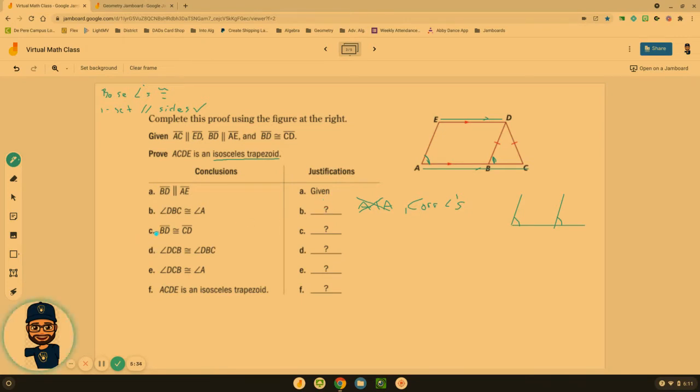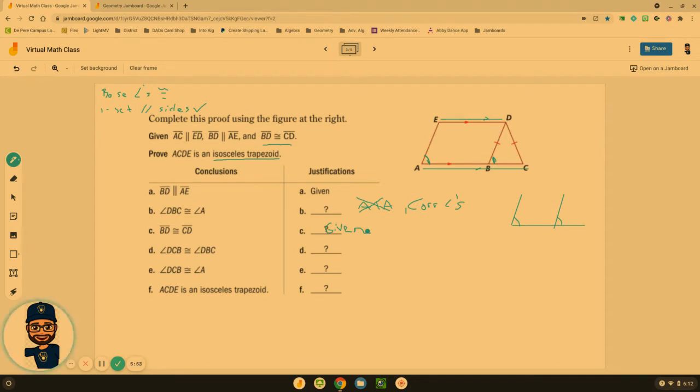Now letter C, BD congruent to CD. Well, they already told us that, right? What's the reason? It's part of the given again. Sometimes that'll happen in our proofs where we're explicitly laying things out step by step, where the given might happen more than once.